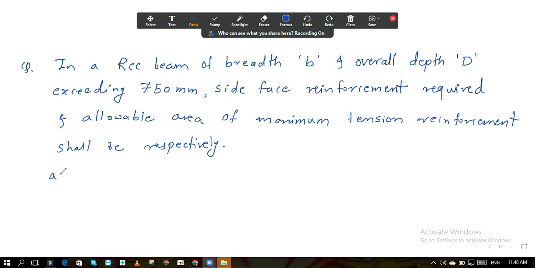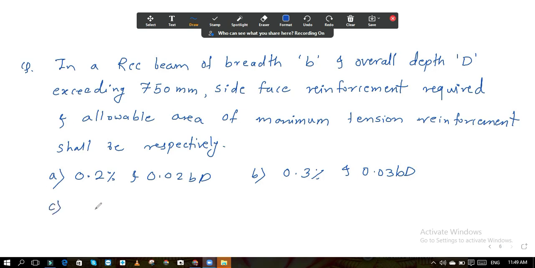First of all, I will write the options, then I will read the question for you. Option A is 0.2% and 0.02 BD. Option B is 0.3% and 0.03 BD.